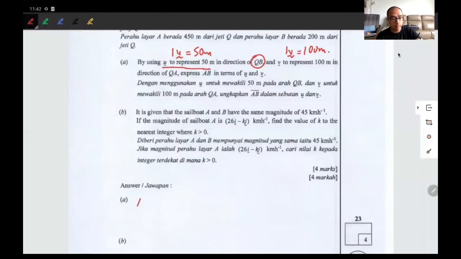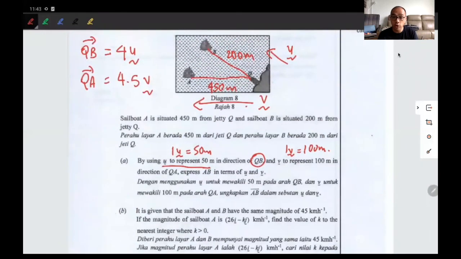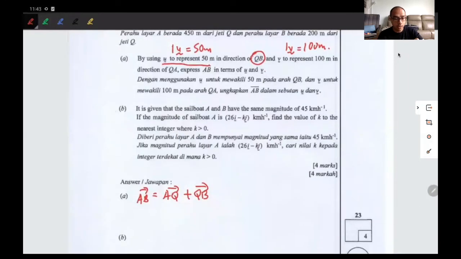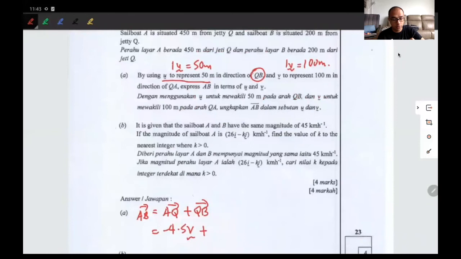This is pretty simple. AB equals AQ plus QB, which is basic vector. AQ is the opposite of QA, so if QA is 4.5v, AQ will be negative 4.5v, plus QB, which we take directly as 4u. Done.